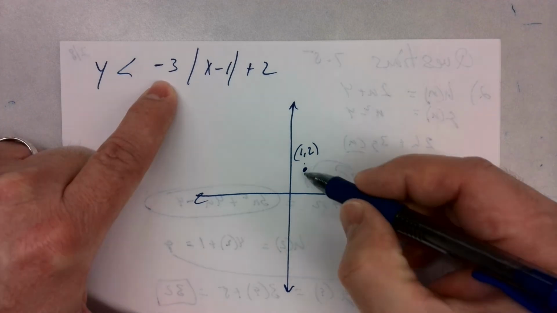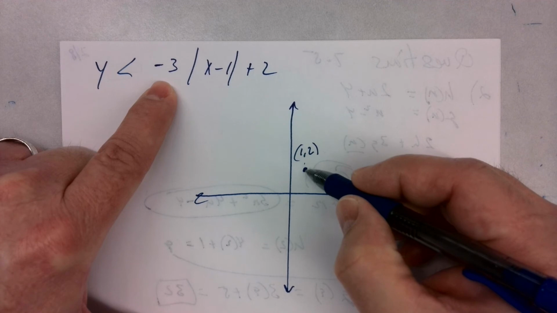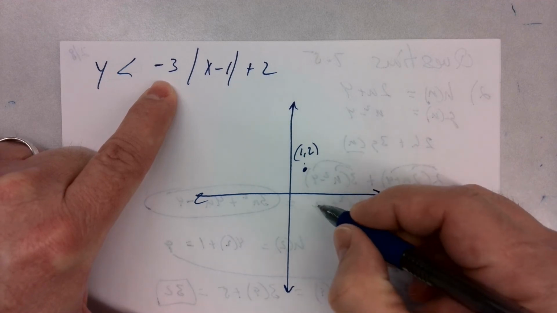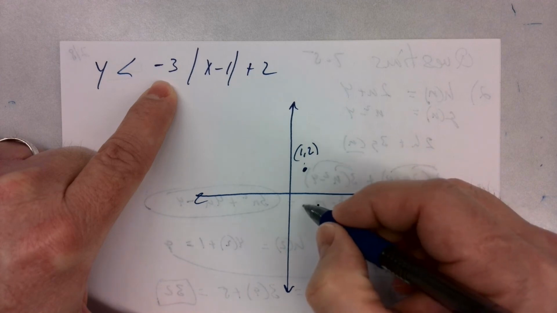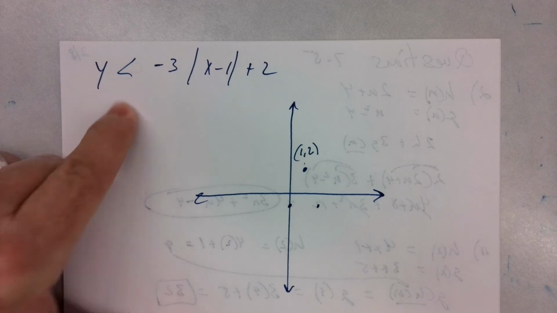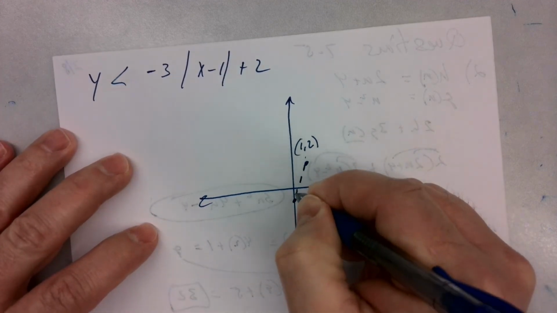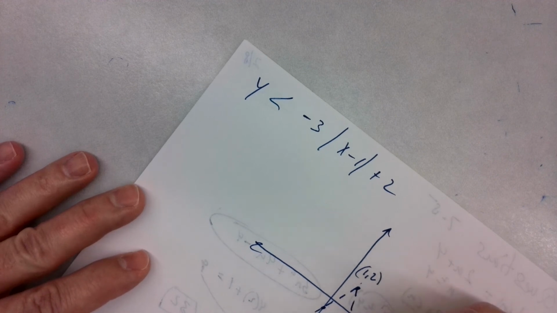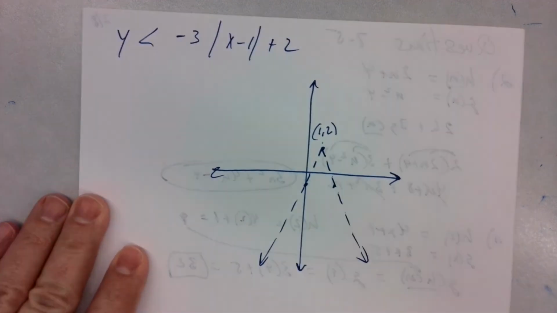So from there I'm going to go down 3 and to the right 1, and then I'm going to go down 3 and to the left 1. I'm going to draw a what? Dotted line, right? So I'm going to draw a dotted line here. So I got that. And I got that, right?